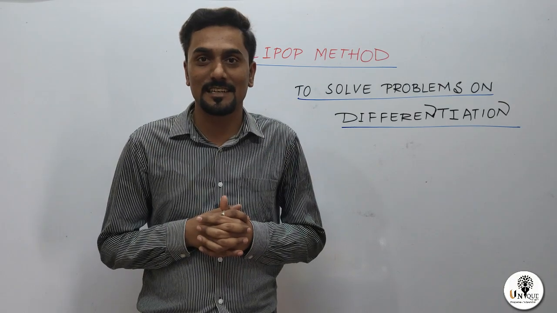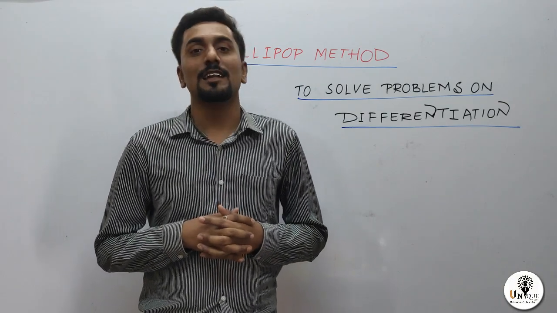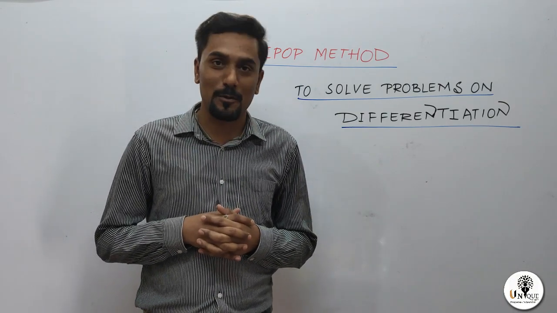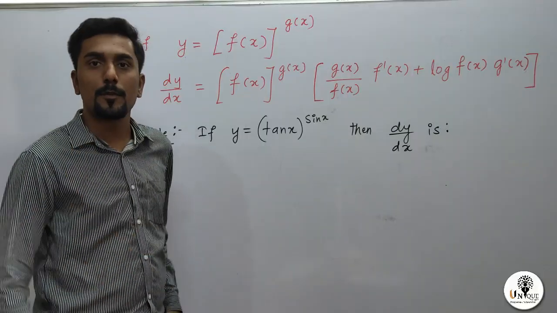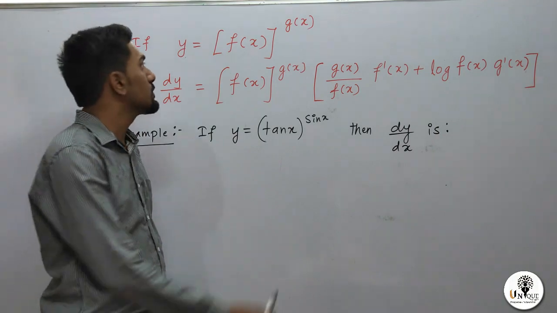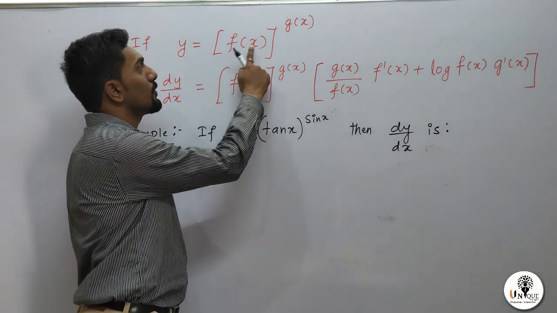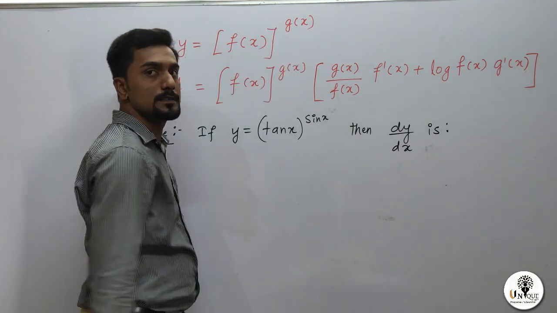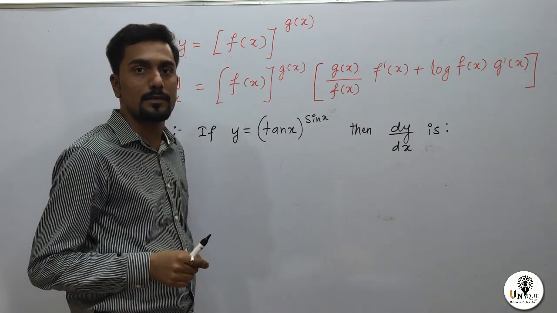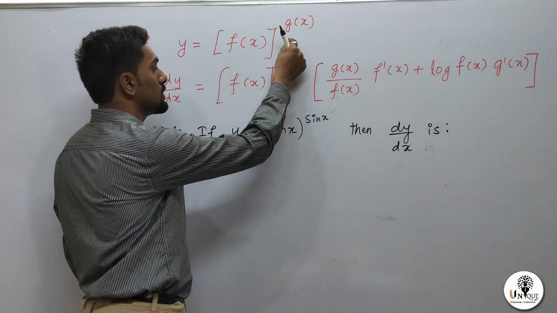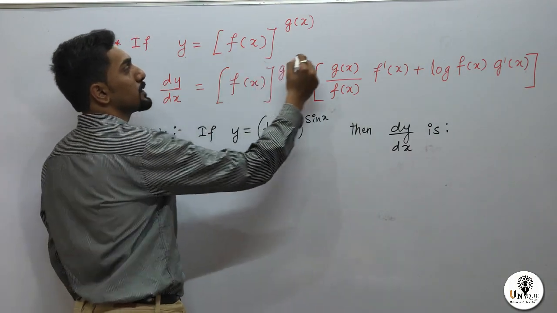Today, in this session, I am going to discuss the lollipop method to solve problems on differentiation. If the problem is of the type y equal to f of x raised to the power g of x, then to find the dy by dx of this function, we use this super trick.